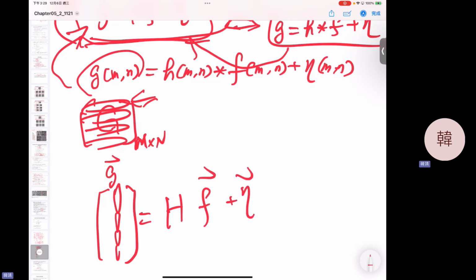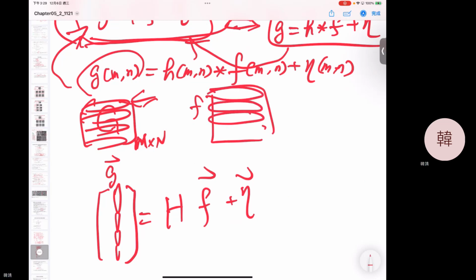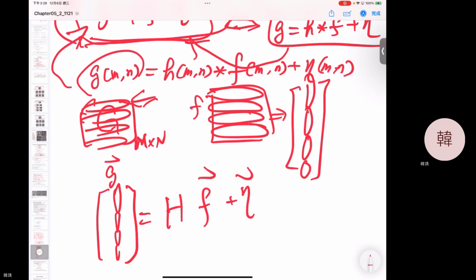What's F? F original is also an image like this one, your original image. So it becomes a vector too. If you have M by N, it becomes an MN by 1 size. Each row vector becomes a column vector, stacked up one by one.